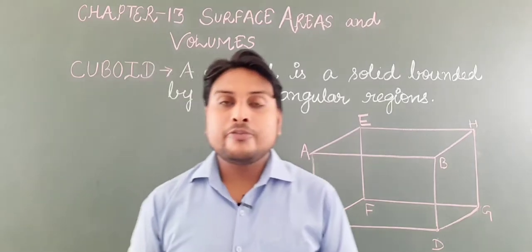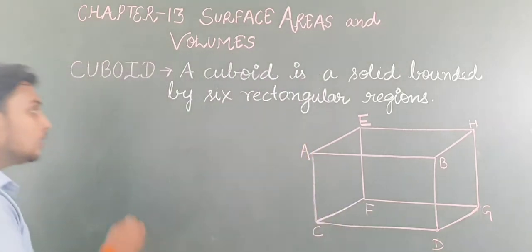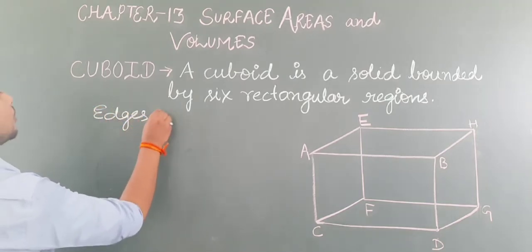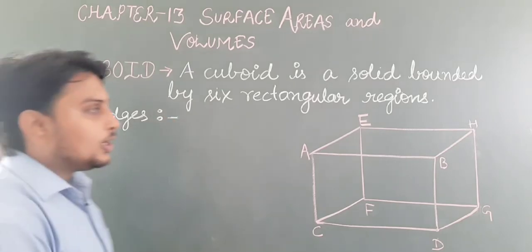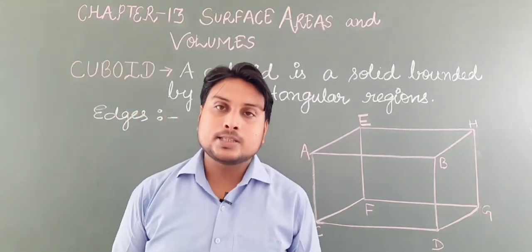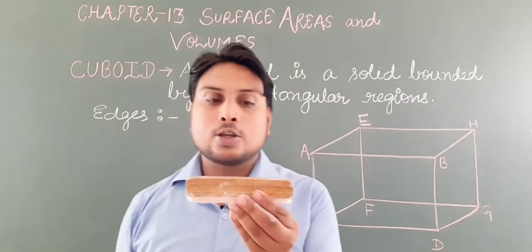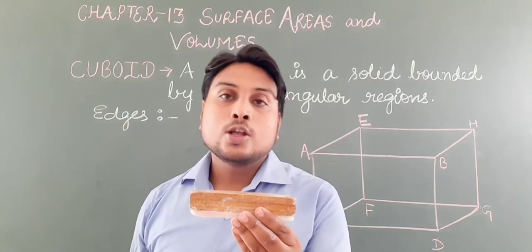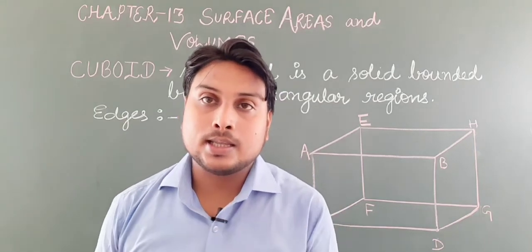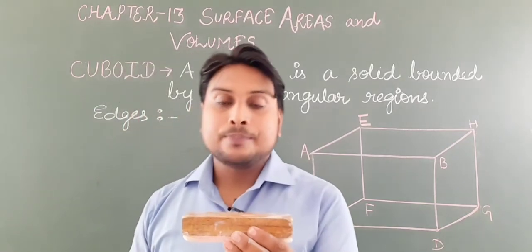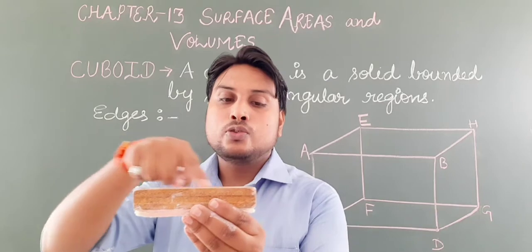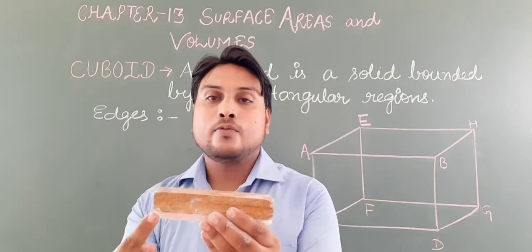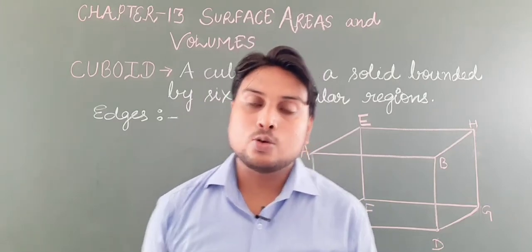Now let us talk about how many edges are there in a cuboid. Basically edges are the sides. Like this is a cuboid, so this side, this side and this side. How many edges are there in a cuboid? You can see 1, 2, 3, 4 on the upside, and then 1, 2, 3 and 4. So 4 plus 4, that is total 8.